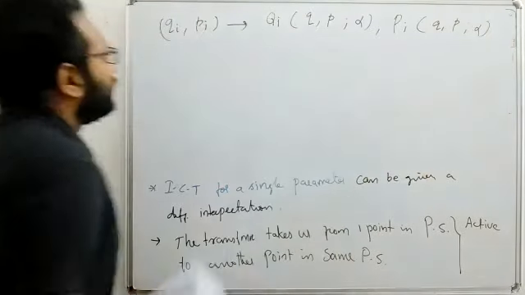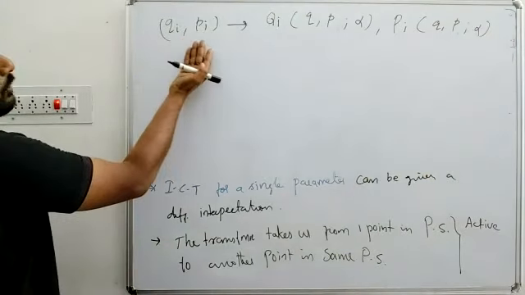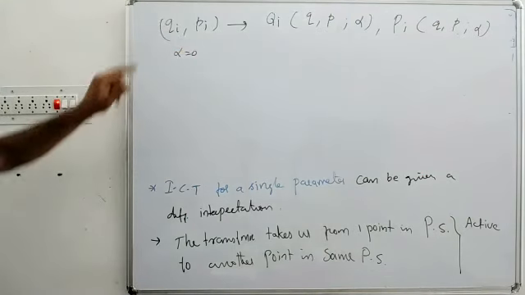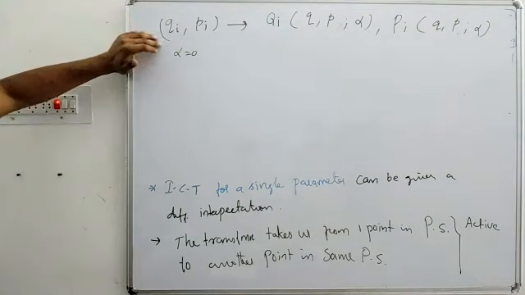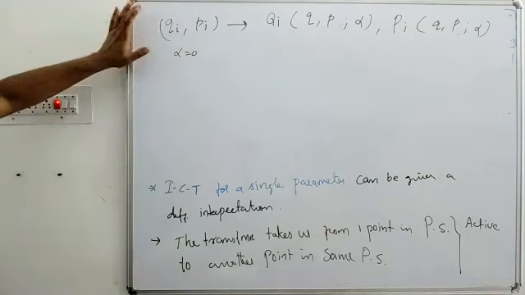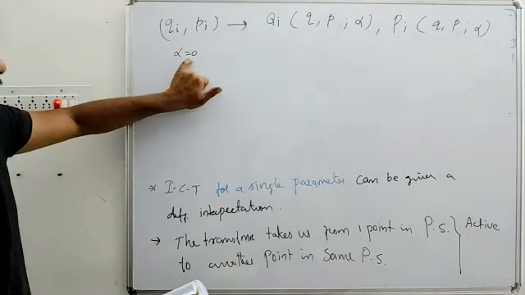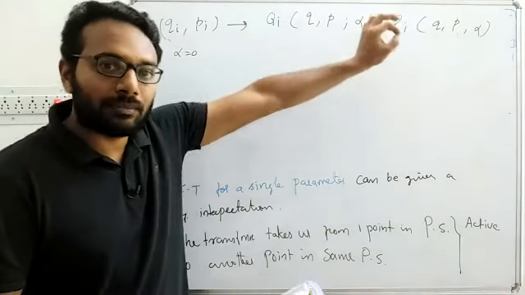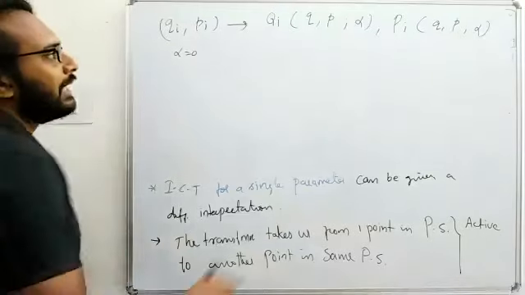I hope this is clear. So the initial state of the system corresponds to alpha equal to 0. We can choose it like that. The initial point in the infinitesimal canonical transformation, or the active transformation, corresponds to alpha equal to 0. And for some value of alpha, it goes to another point in phase space. The system actually moves to another point in phase space, and that's given by this.